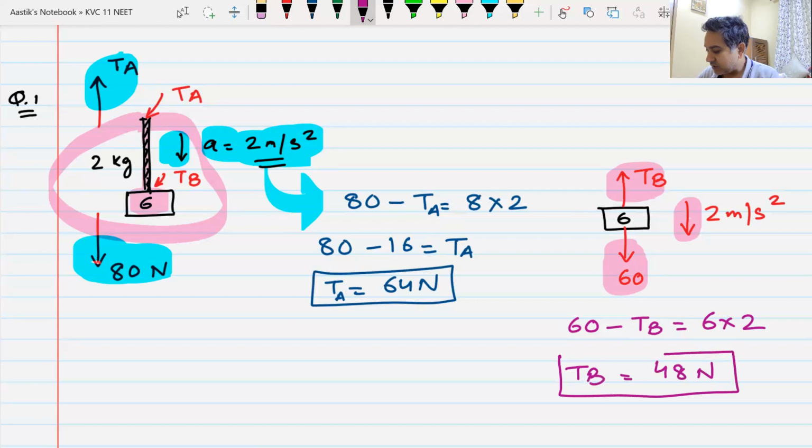So these are your two answers. Tension at point A is 64 newtons. Tension at point B is 48 newtons. What was so tough here in this question?